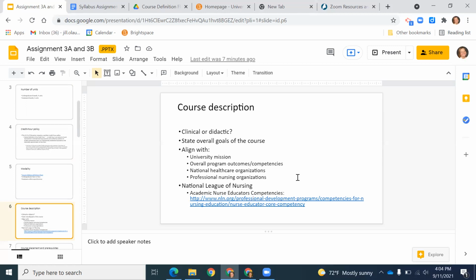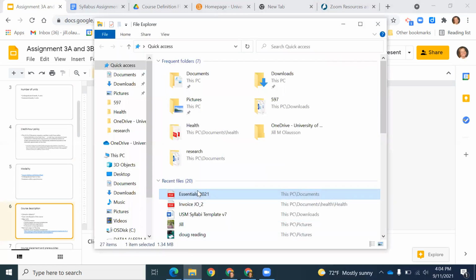For healthcare administration leadership, it's the American Organization of Nurse Leaders, they just changed their name. So they put forth the competencies for clinical nurse leaders and for nurse executives. So let me just bring this up for you, because this is kind of helpful here.